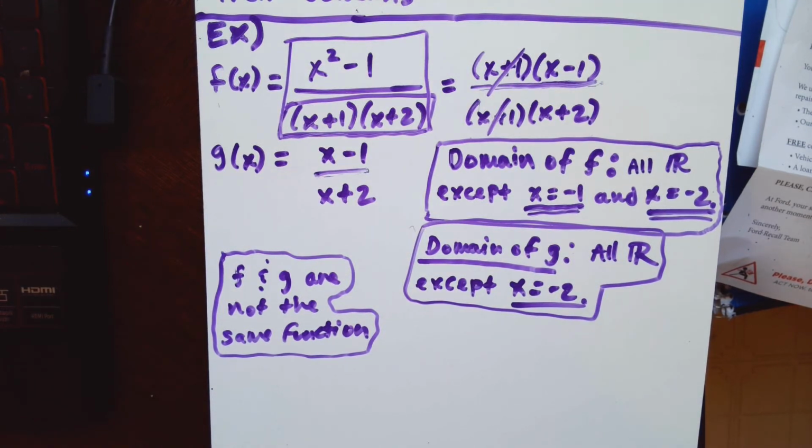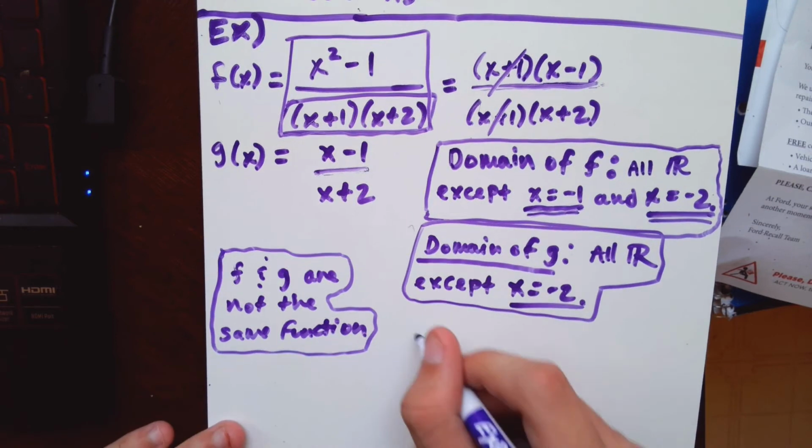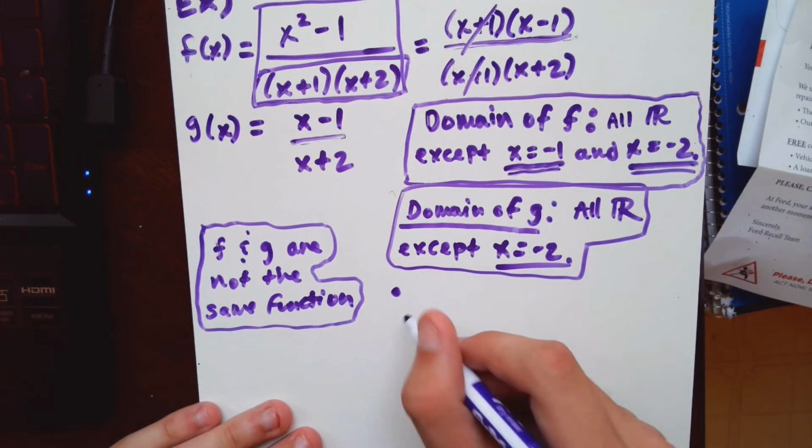I didn't want to harp on this example for too long, but it is really important that when you're finding the domain, so I'll actually just write this out just so you guys have it.